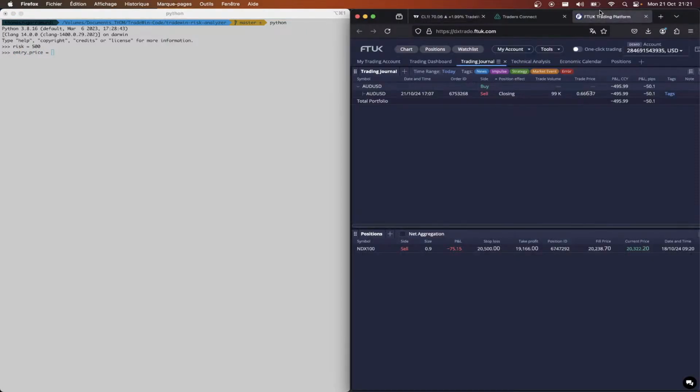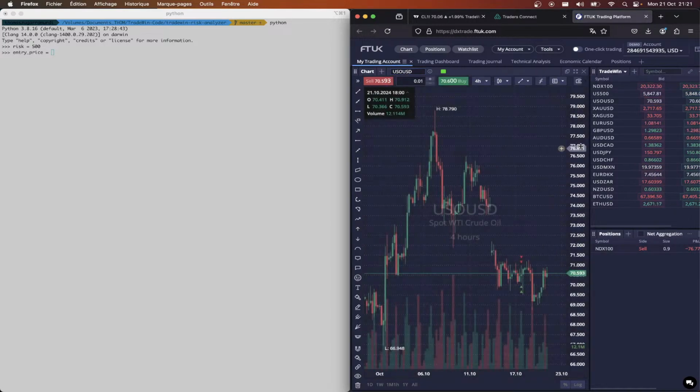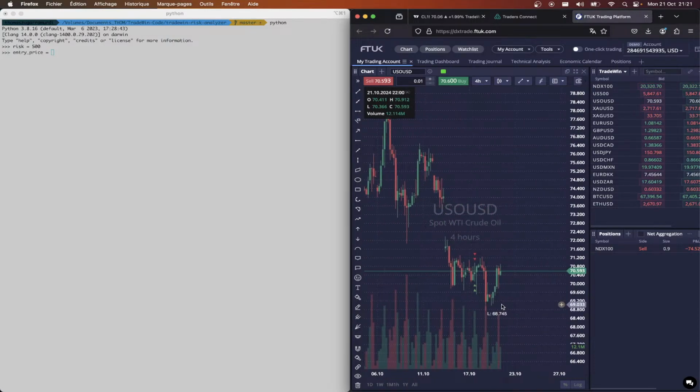So I'm going back to the chart. I'm displaying the oil chart. I want the spot oil. Very good. So here we see the price is around 70.